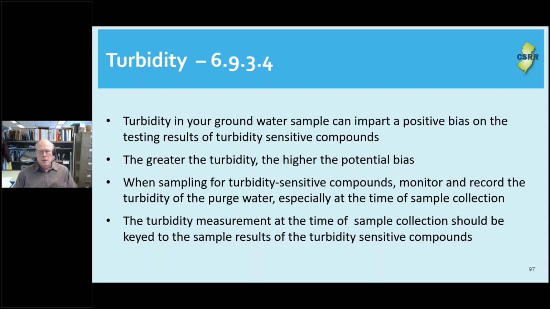Where groundwater testing of turbidity-sensitive compounds is performed, it is recommended that turbidity measurements be collected and recorded throughout the well purging process, and a turbidity measurement taken at the time of sample collection. The turbidity measurement collected at the time of sampling should be keyed to the sampling results where the results are presented in tables. Linking sample turbidity to the sampling results will allow for a better assessment of the sample results.